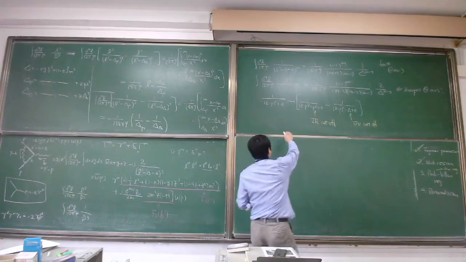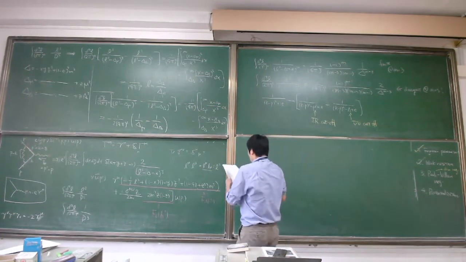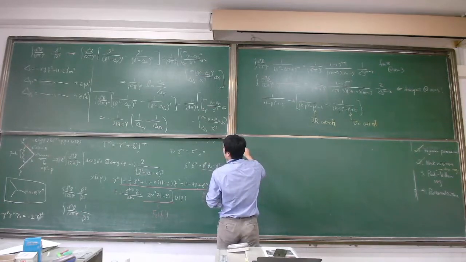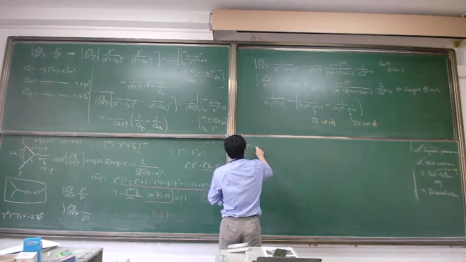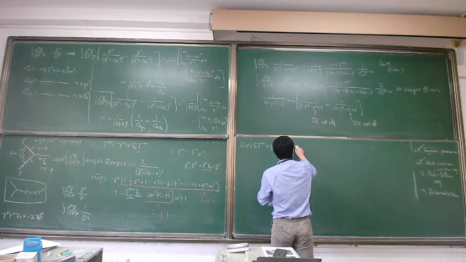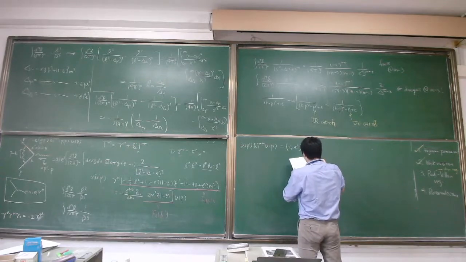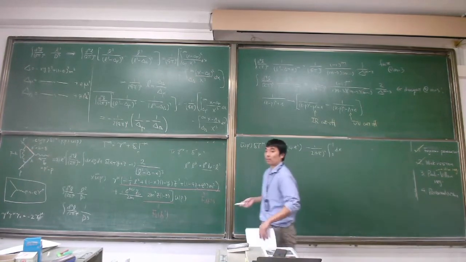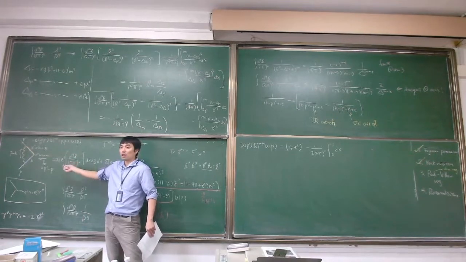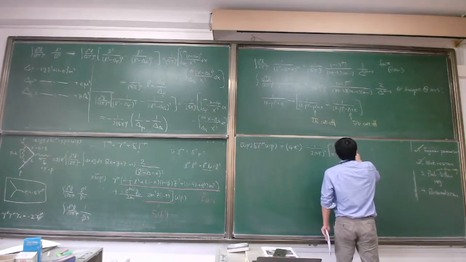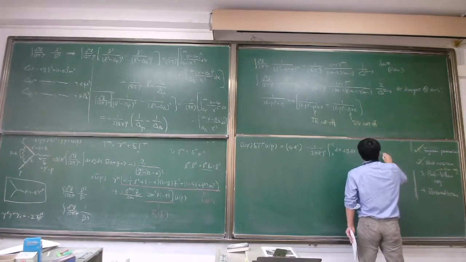So now we plug this result into here, and therefore this vertex, u bar p prime delta gamma mu u of p, can be written like 4i e squared, and then minus i 2 times something squared, and then you have the Feynman parameters. We already performed this dl integral, so what's left is the integral over the Feynman parameters x, y, z, with delta of x plus y plus z minus 1.